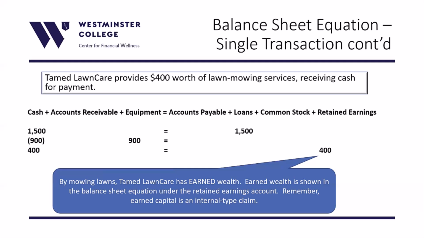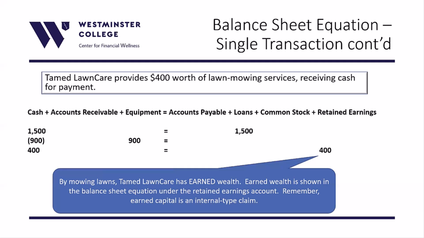So the accounts in this transaction that will be impacted are cash and retained earnings. Okay, they mowed the lawns and they're going to receive cash. So cash is going to go up by the 400 and they earned it by mowing the lawns. So retained earnings is going to also increase by the 400.